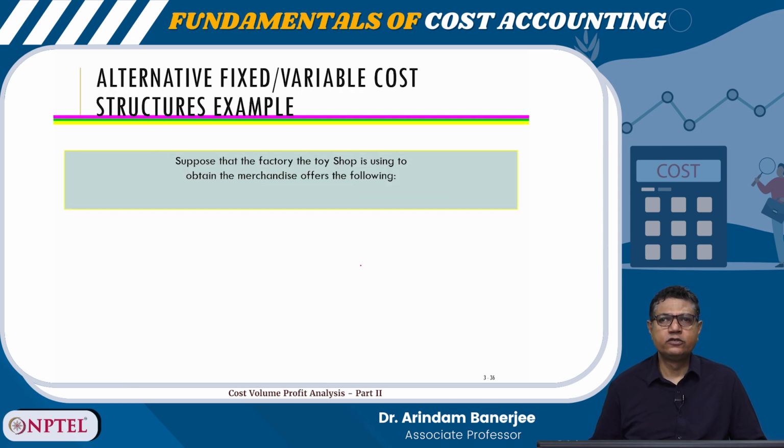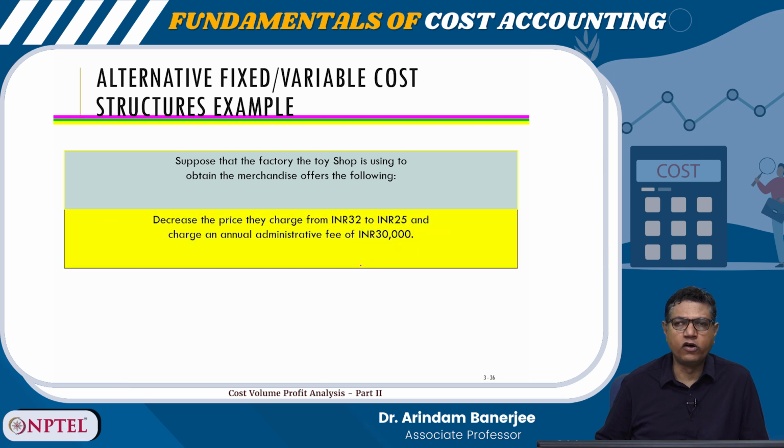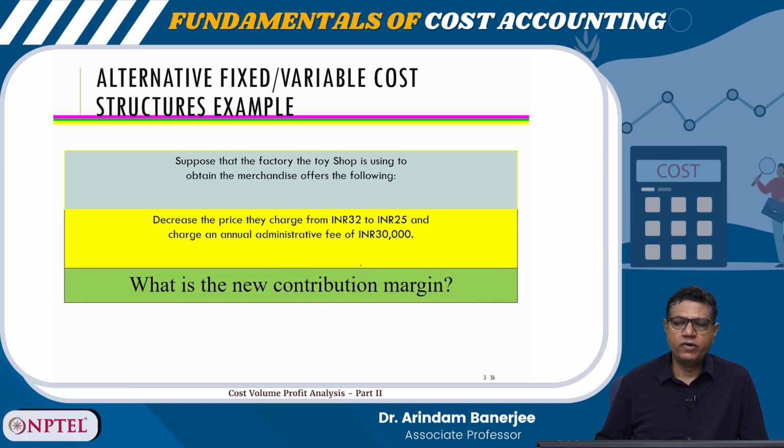So, let us go through one example. Suppose that the factory, the toy shop, that is used to obtain the merchandise offers the following: decrease the price they charge from INR 32 to INR 25 and charge an annual administrative fee of rupees 30,000. What is the new contribution margin?